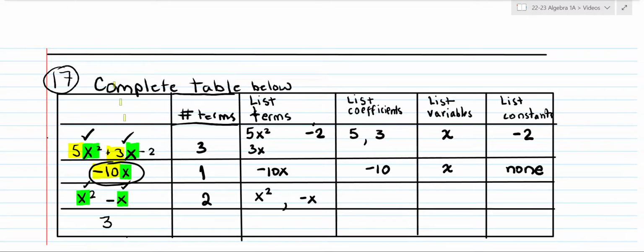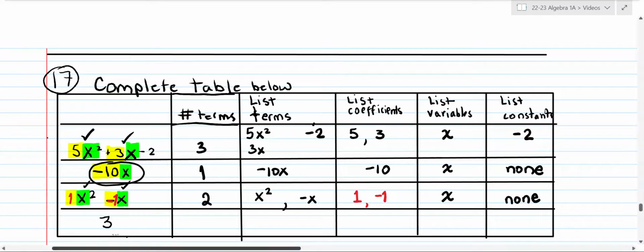And so what are the numbers in front? Well, the number in front here is an understood 1, and the number here is an understood -1. So your coefficients are a +1 and a -1. The variable is x, and no constant.